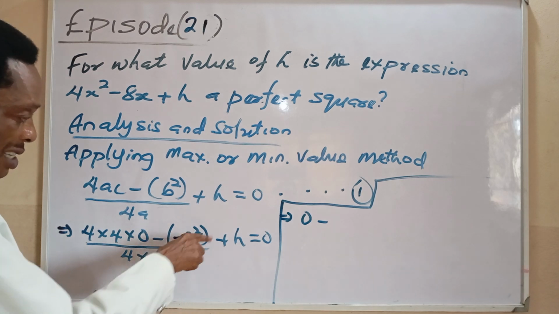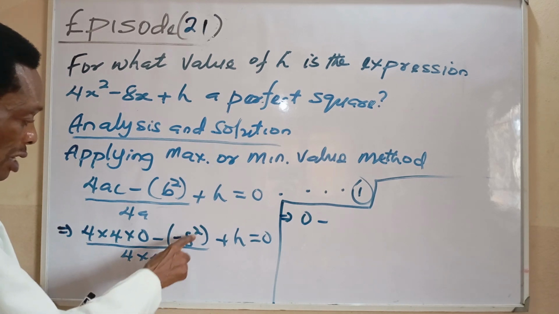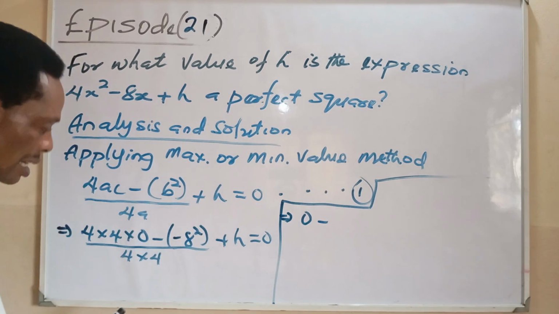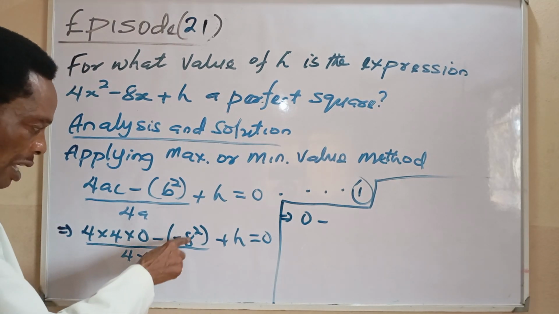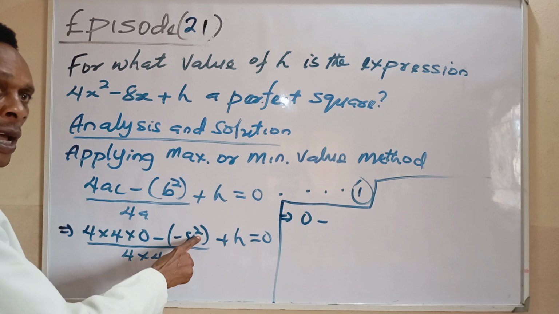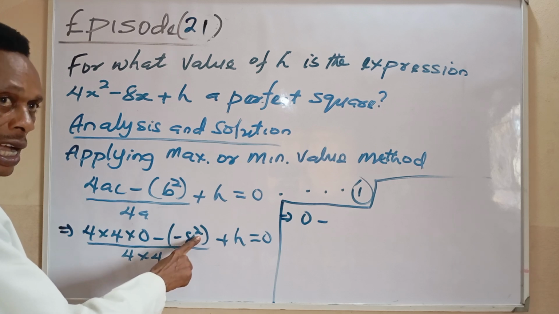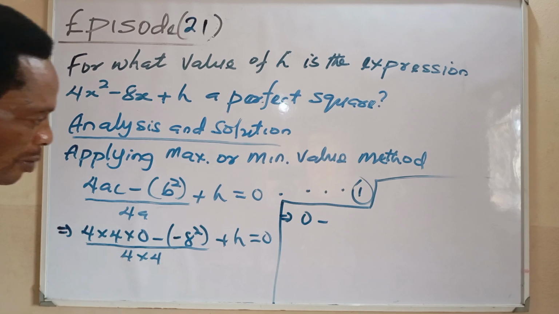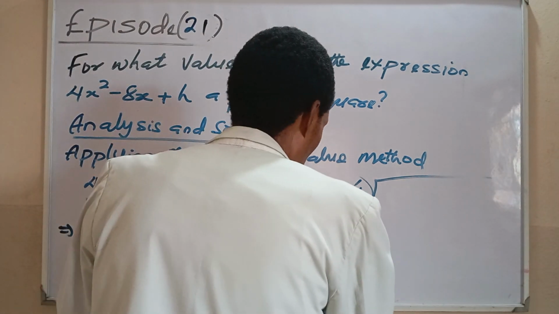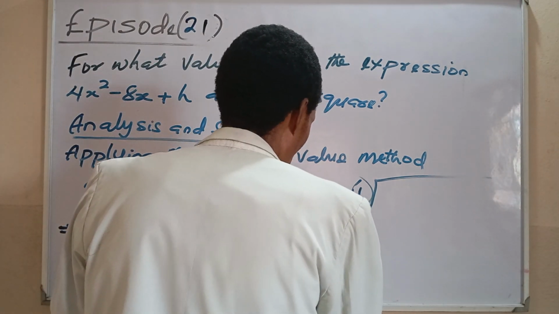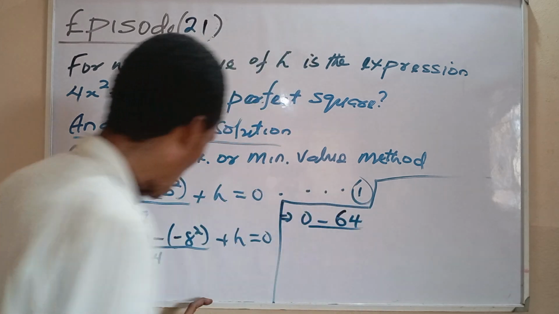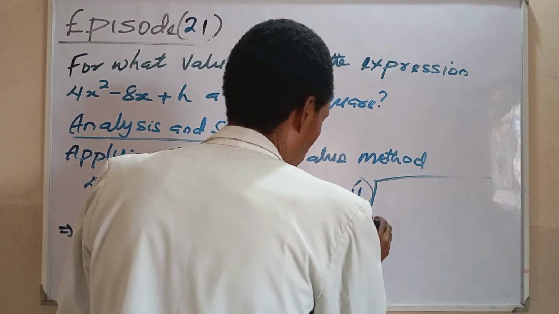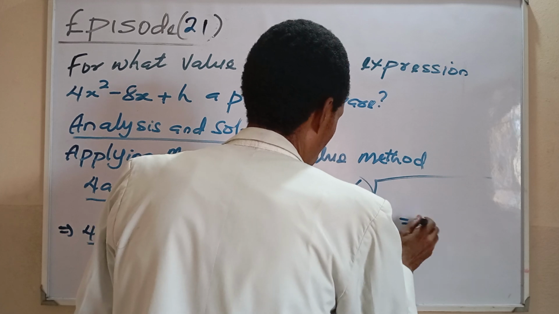It's in brackets, so anything you want to do there will not affect this negative. Whatever you do, the positive even power 2 cancels the negative inside the bracket. So automatically you are having minus 64 all over, then 4 times 4 will give you 16, then plus h equals 0.